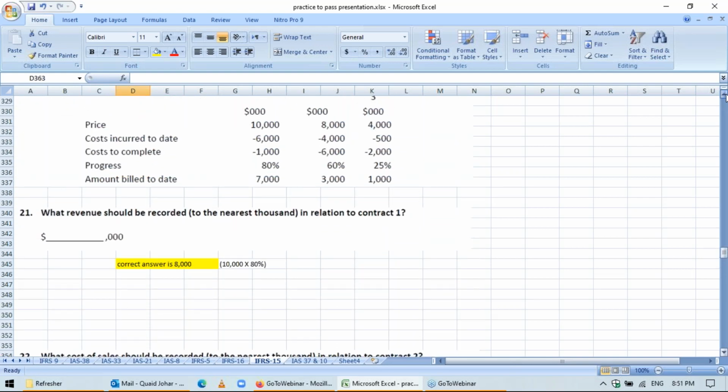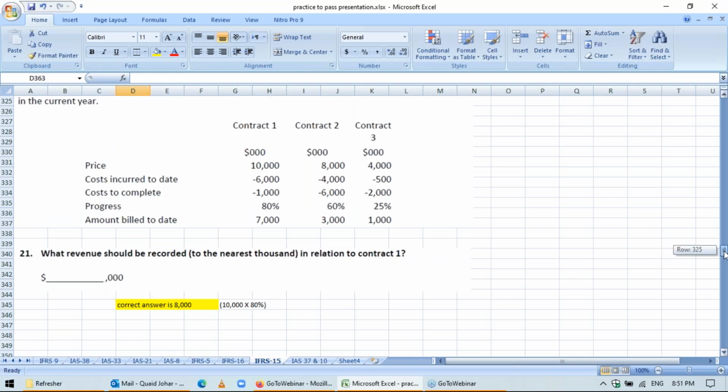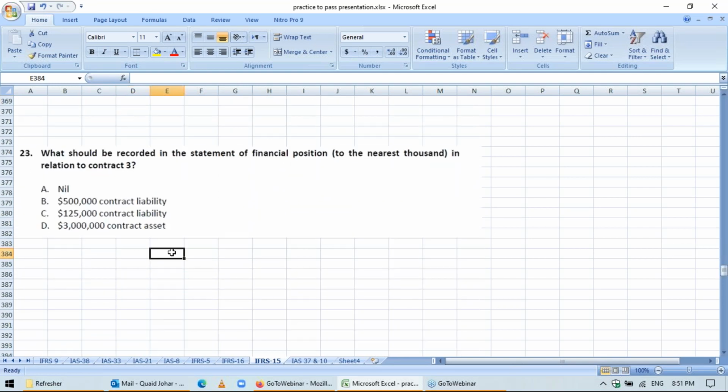Remember, the percentage of completion method, using this 80%, 45% percentage, is applied only when profits are expected from the contract.